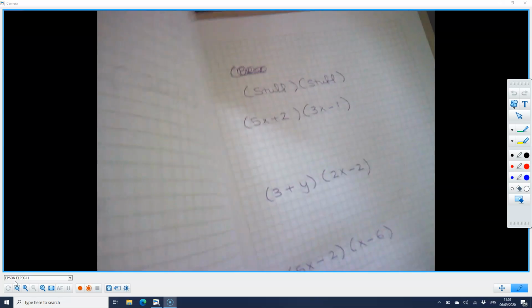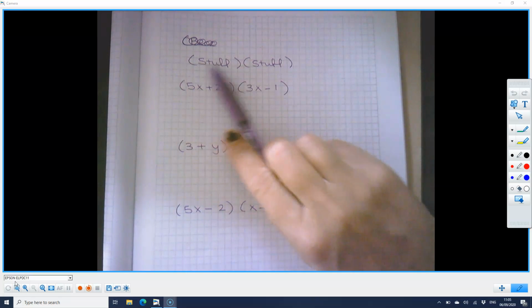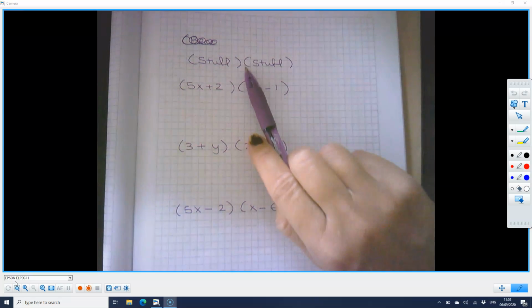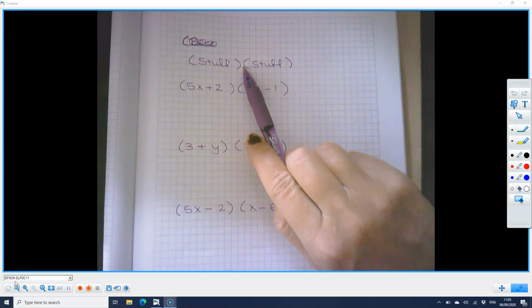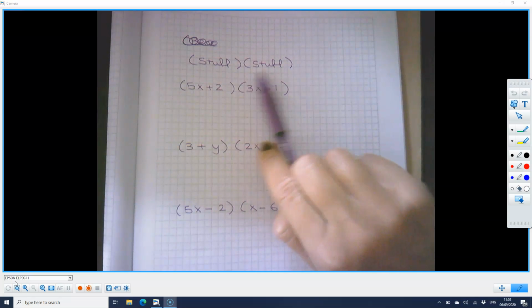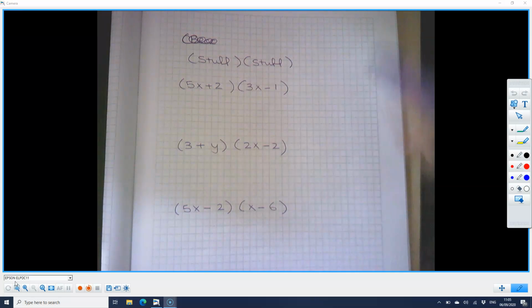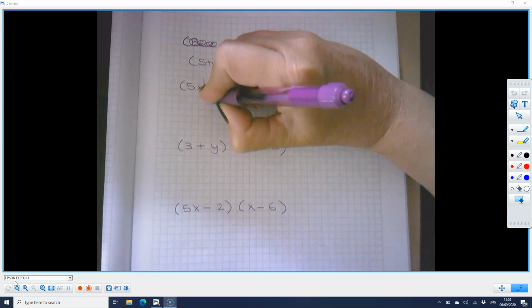The next step for multiplying is when you get two sets of brackets and they are not separated by anything. So you have a bracket with stuff in it and a bracket with stuff in it, and there is no plus or minus sign between the brackets. That means that the first bracket is going to multiply the second bracket. So how you do that is you take the first bracket and you imagine splitting it.